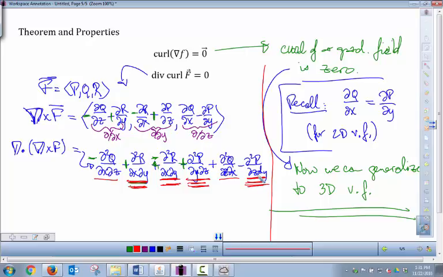This is how I used to do my algebra: when I have like terms, I would underline them single, double, triple, or whatever. Some people put circles and squares and triangles. But I see these cancel, these two cancel, and then the last one cancels. And then this turns out to be 0. So this is our proof.